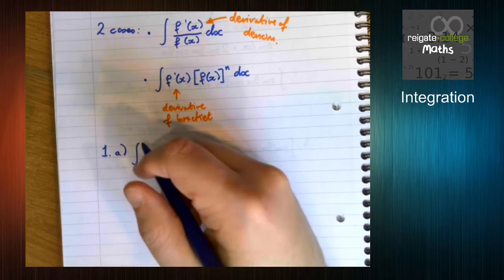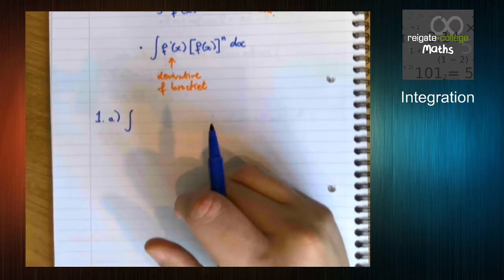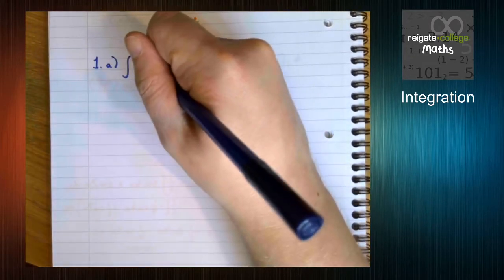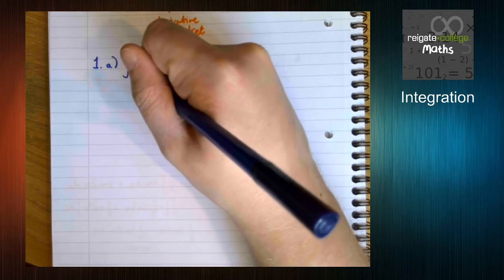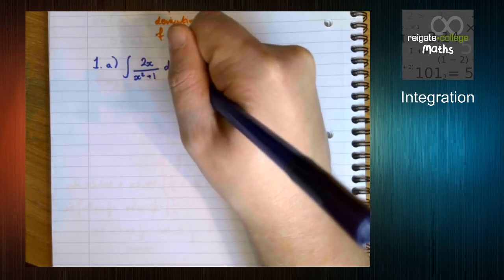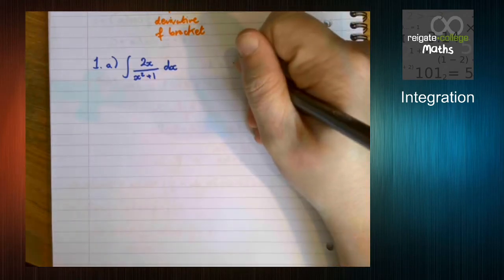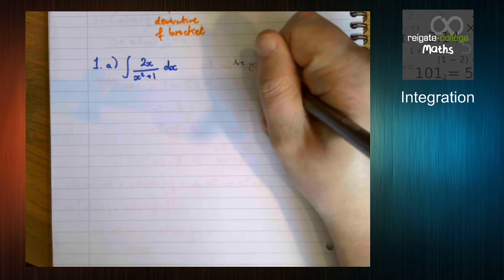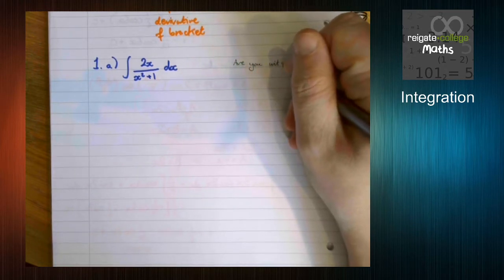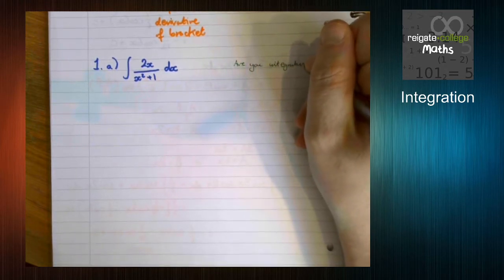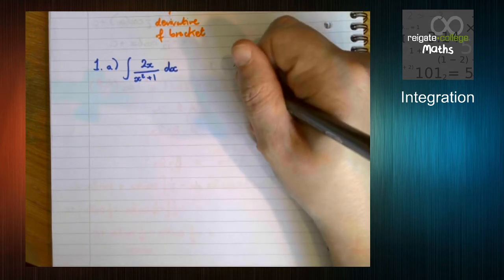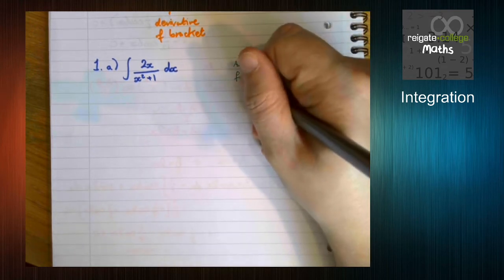So we're going to integrate 2x over x squared plus 1. So, general rule of thumb. We have a fraction. So whenever you see integration of a fraction, ask yourself the following question.